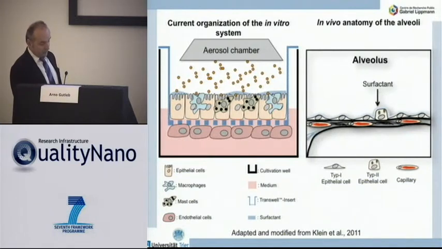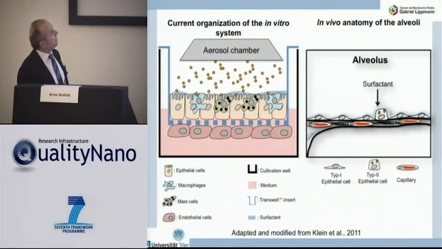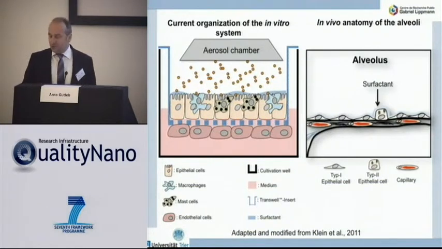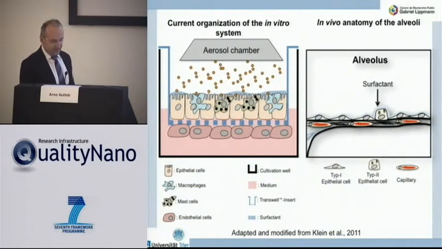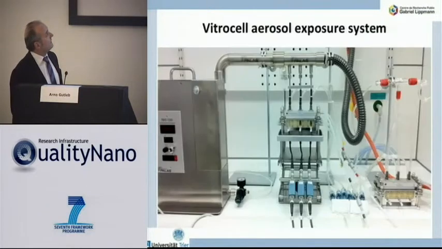I will show you pictures on that. Mast cells, of course, are supposed to produce histamine. We wanted to know whether our mast cells in culture at the air-liquid interface also produce histamine. And then we want to, of course, know whether the cells are still viable, etc. And I will show you for all of these some results.